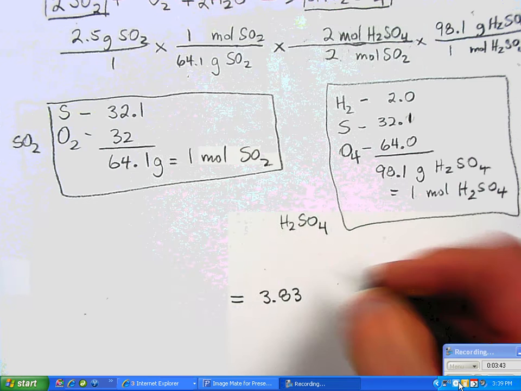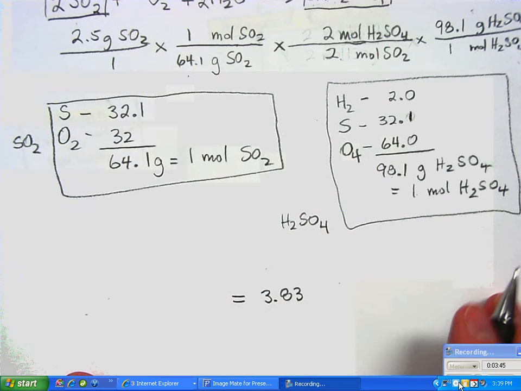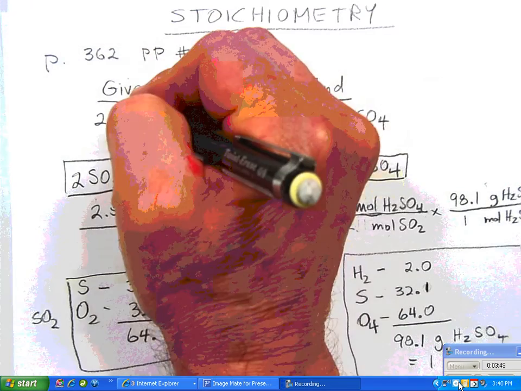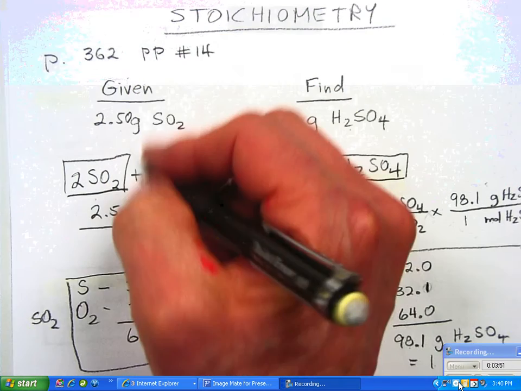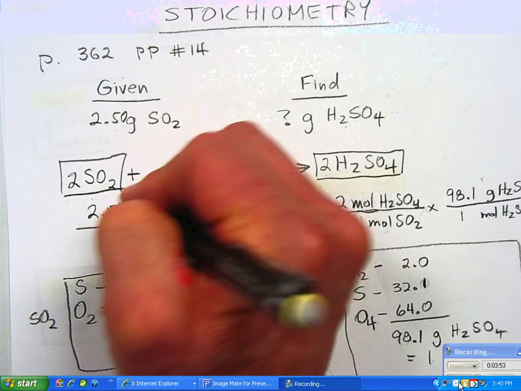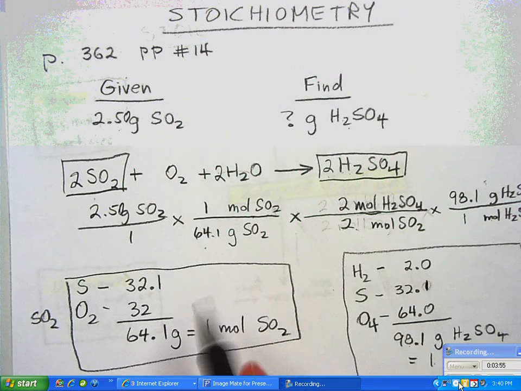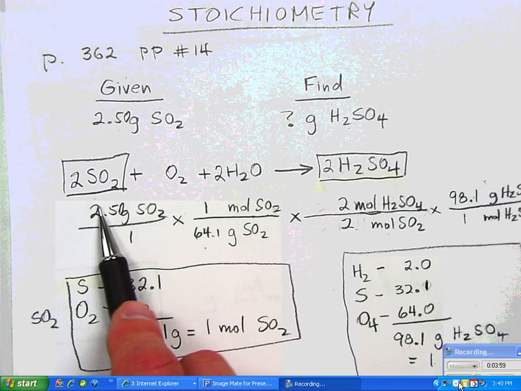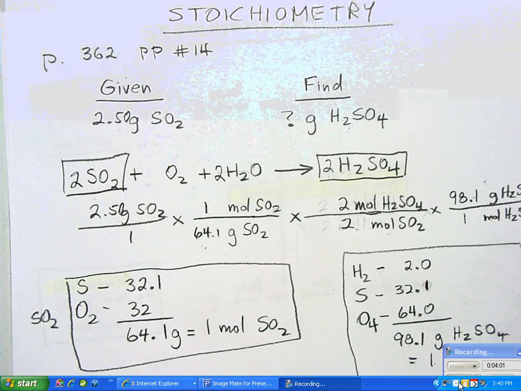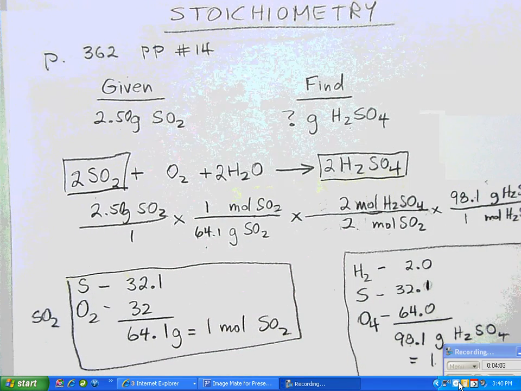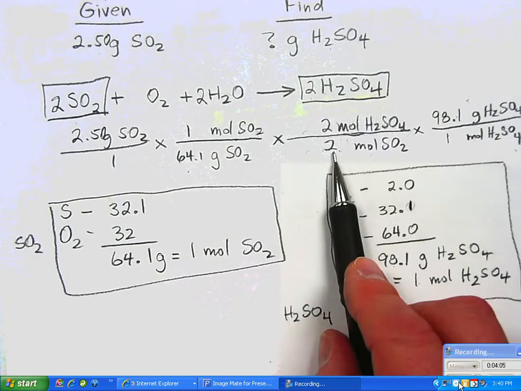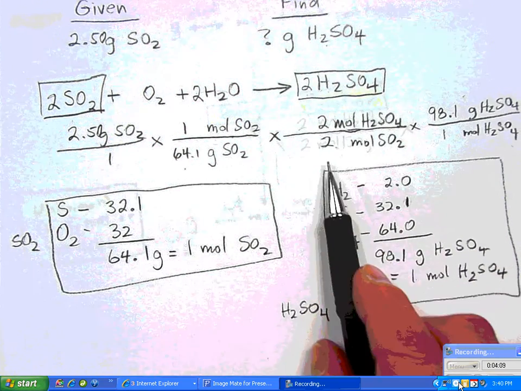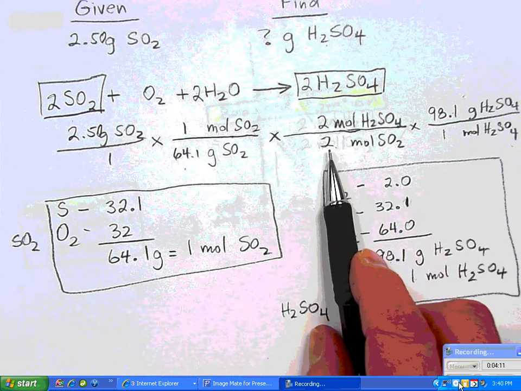3.83 after we round. Okay, I did something a little bit wrong. This was actually given as 2.50, and we had 2.50 here, which means that we have 3 sig figs here, 3 sig figs here, 3 sig figs here. So when we're doing our final sig figs, we've got to have 3. Notice that these 2's here do not change the number of sig figs because they are infinitely accurate.